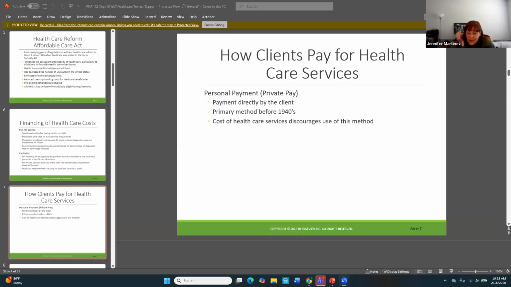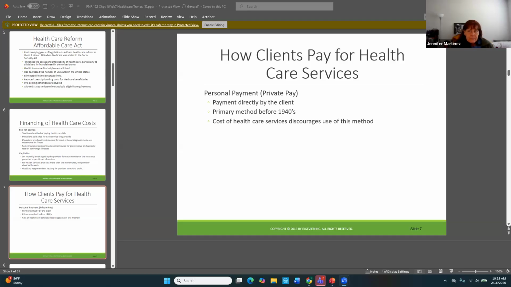Back in my grandparents' time, you went to the doctor, and if the doctor said it's $20 for this, you just paid the $20. Now, that same $20 physical would be like $2,000, and not everybody has $2,000. So we generally don't use this system anymore.